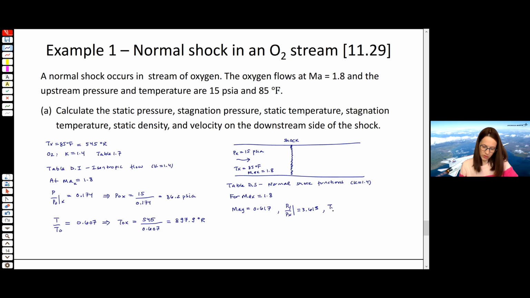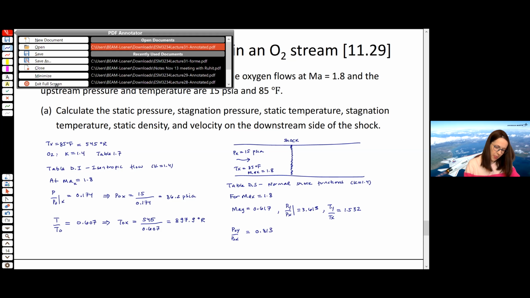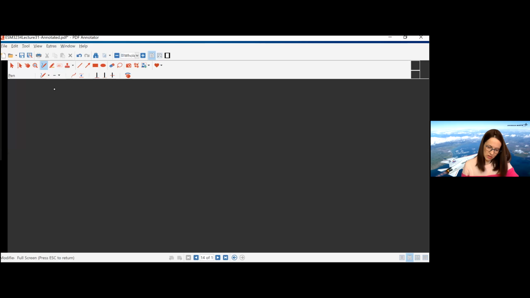We can write down what the ratio of static temperatures across the shock is. It's 1.532. And we can write down the ratio of stagnation pressures across the shock, and it is 0.813. All right, so now all we have to do is basically plug into these formulae.